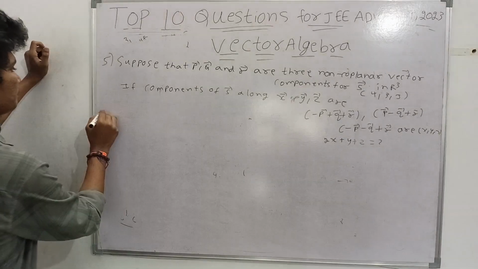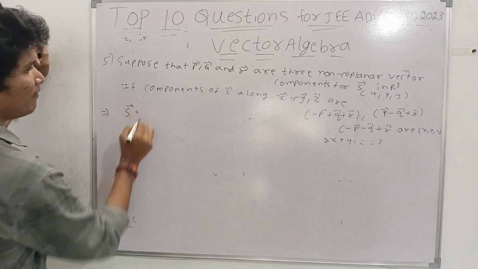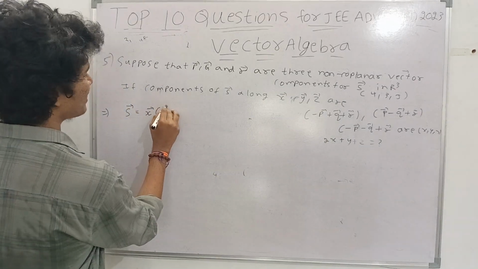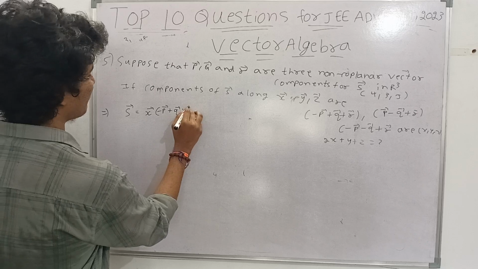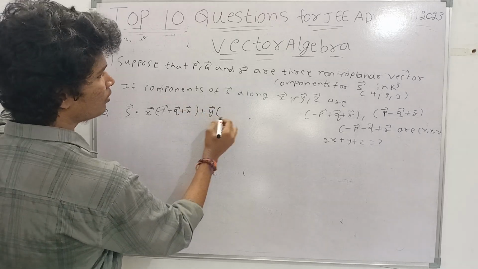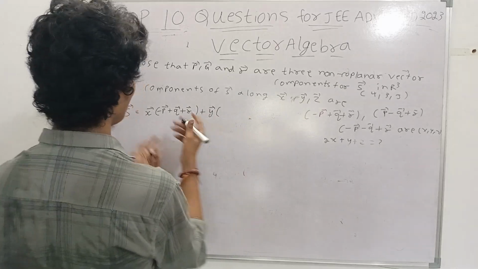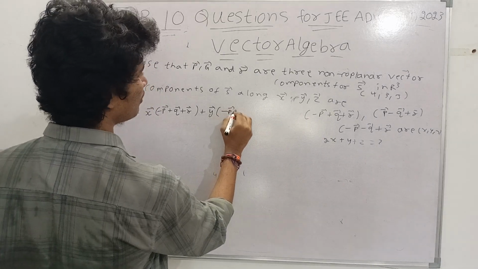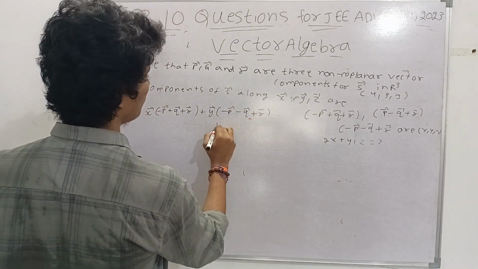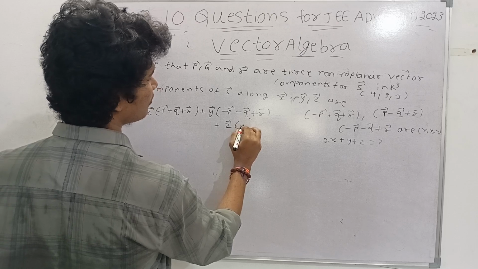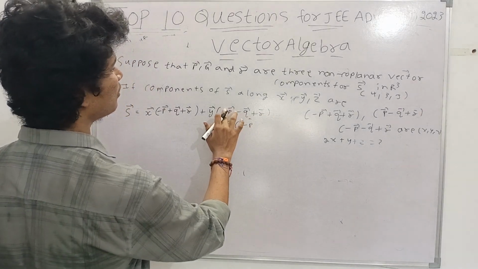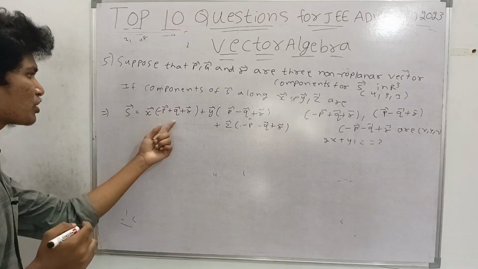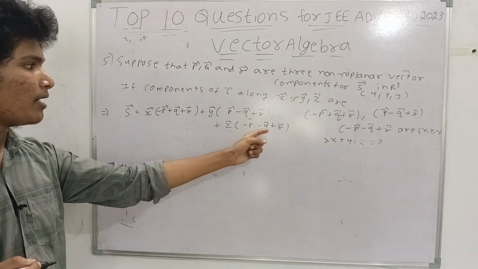So now we have to do, they are saying that S vector, when x, y, z are the components, I can simply write x vector into minus p vector plus q vector plus r vector, plus y vector into p minus q plus r, because these are the components when it is along x, y, z, plus z into minus p minus q plus r.